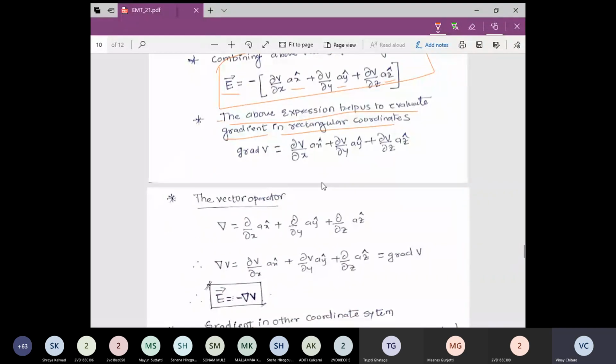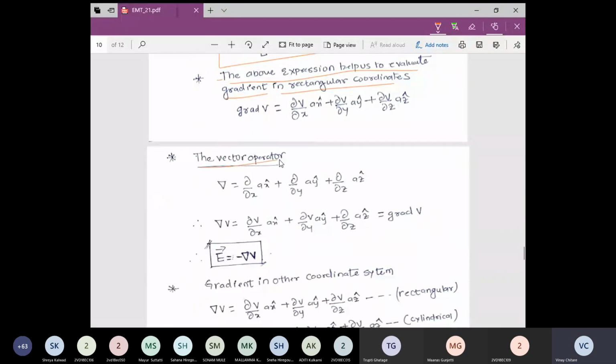So we can recall the vector operator. We have seen this when we were trying to define divergence. The vector operator del is given as dou by dou x ax hat plus dou by dou y ay hat plus dou by dou z az hat.